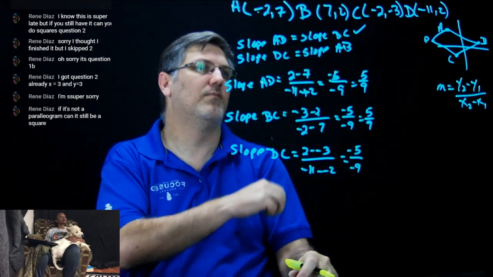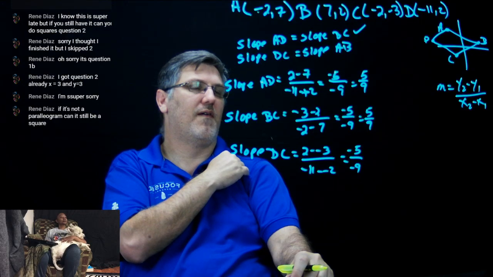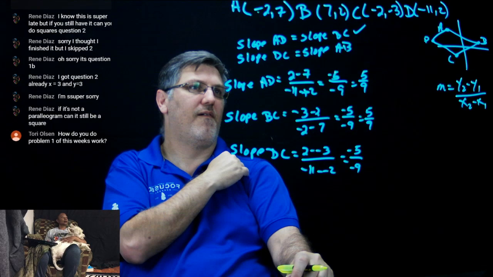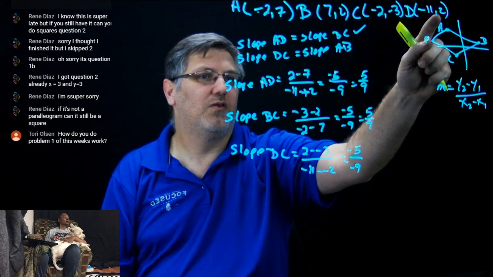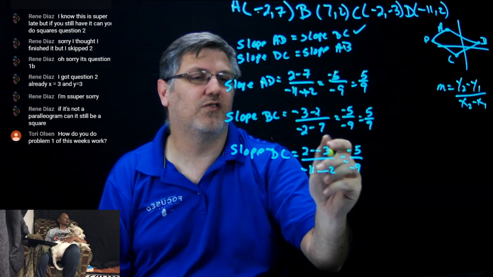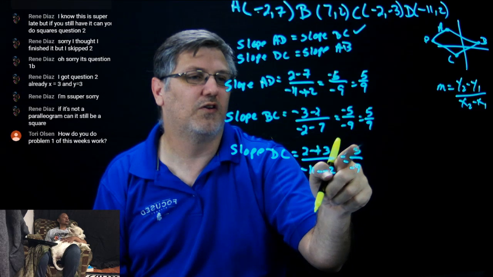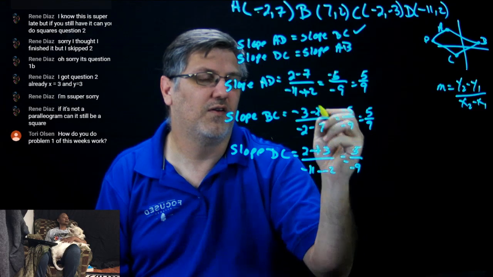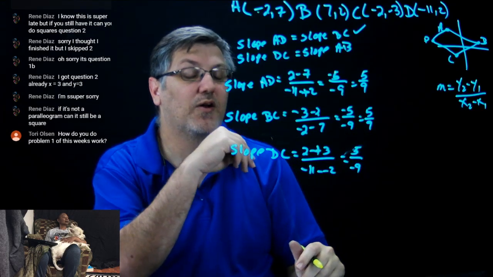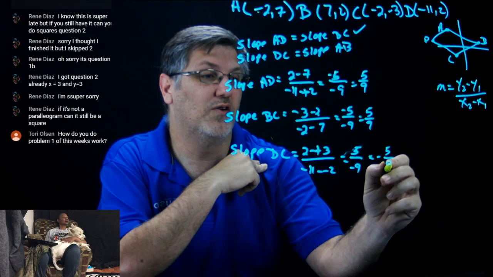That can't be. Can't have the same slope. 2 minus a -3... oh, this is plus 1. No, it's just 5. There we go. I was like, it can't be. So that's a -5 over 9.